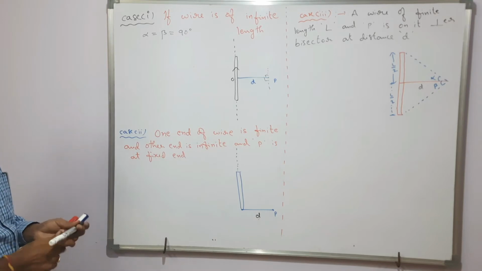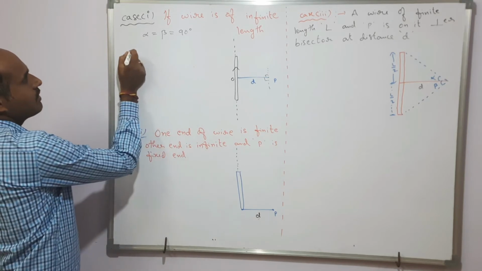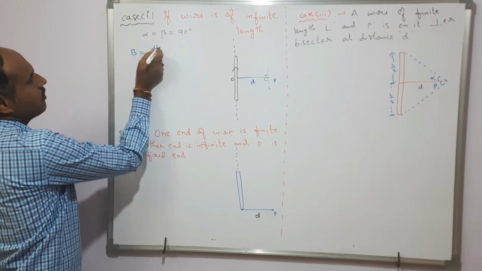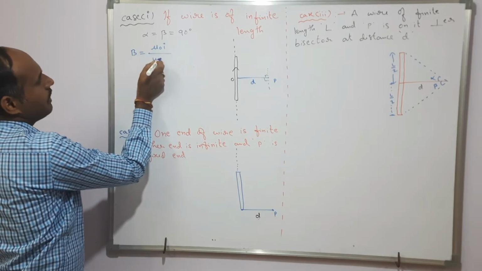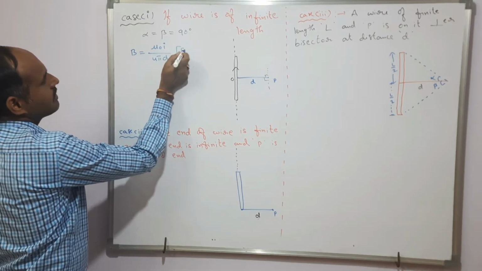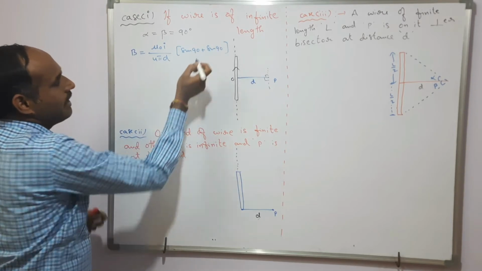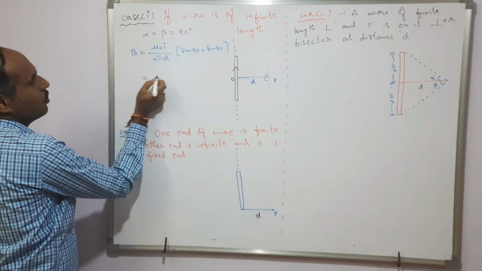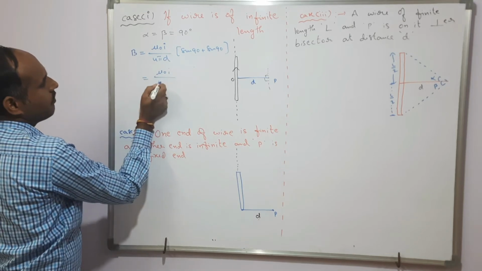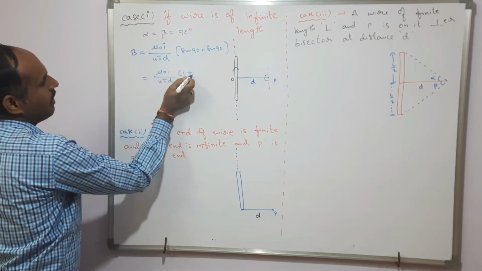When it is 90 degrees, we can write B at this point is equal to mu naught I by 4 pi d of sin alpha plus sin beta, that is sin 90 plus sin 90. So sin 90 is 1, 1 plus 1 is 2, so mu naught I by 4 pi d of 1 plus 1.